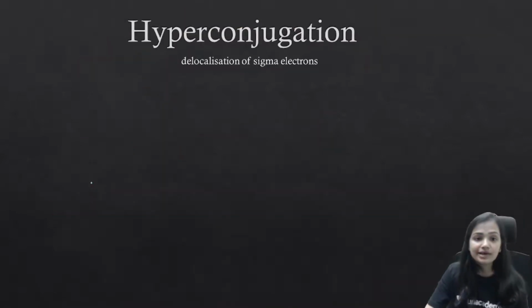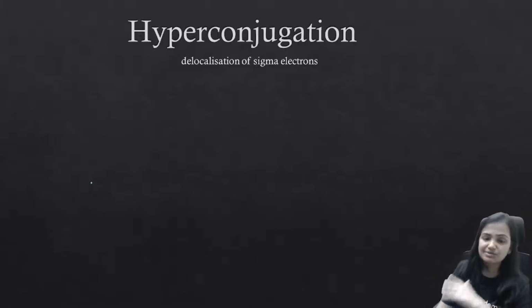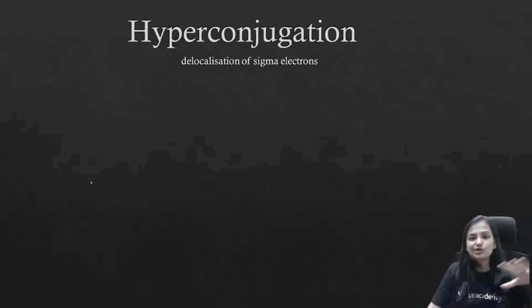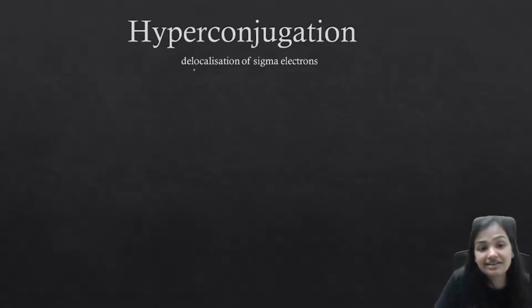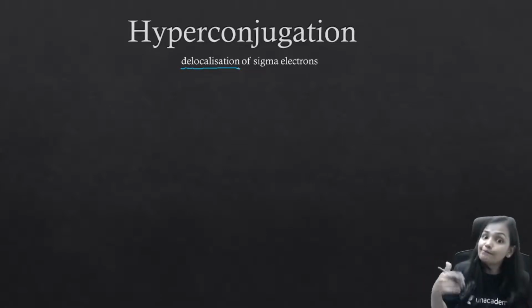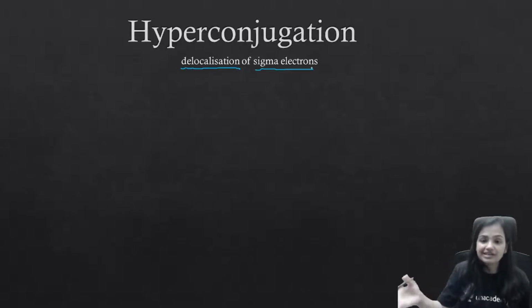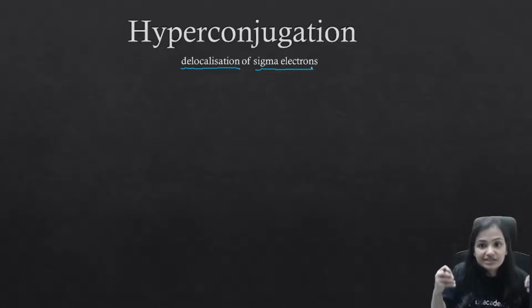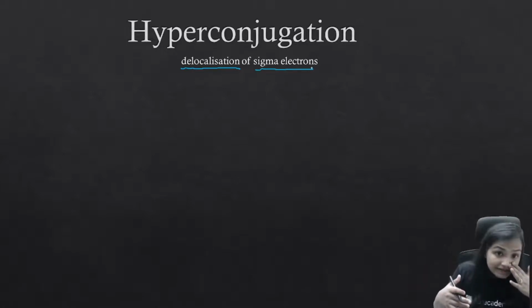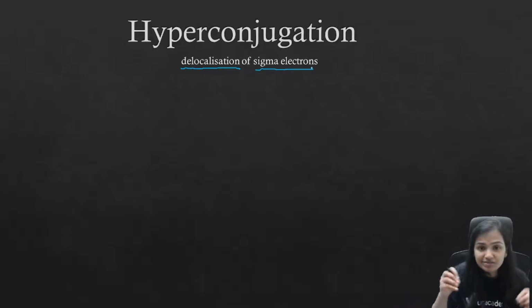Chalo. So here we will be moving ahead with the very last electronic displacement method, which is hyperconjugation. Now guys, in hyperconjugation, we again have delocalization. But of what? Here we have a delocalization of sigma electrons.